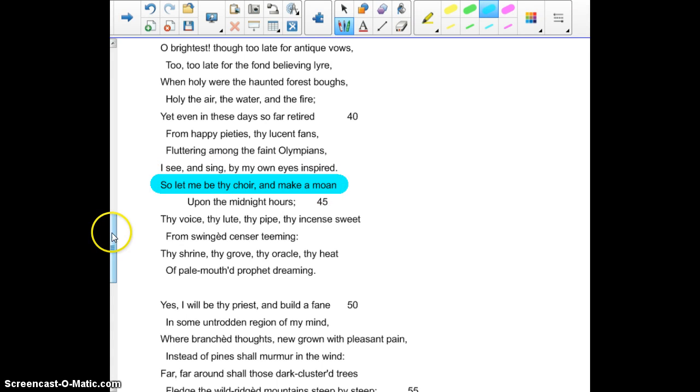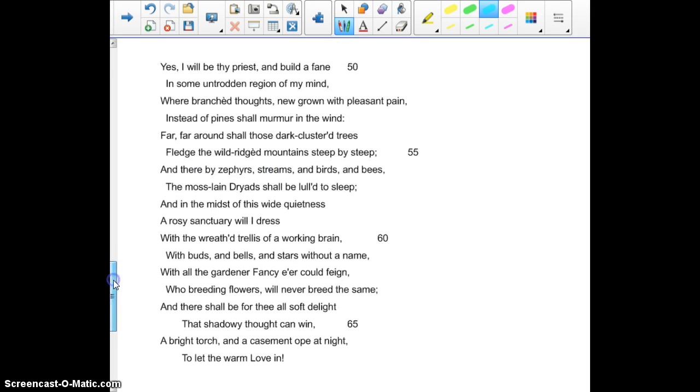Next we are going to move on to our final stanza. And immediately I see two names of Greek mythological creatures that we need to reference. The first one is Zephyrs.